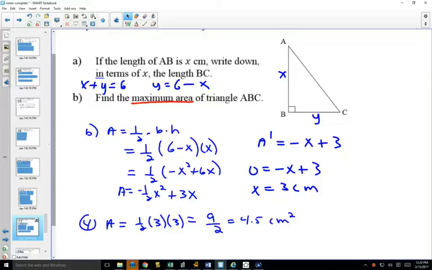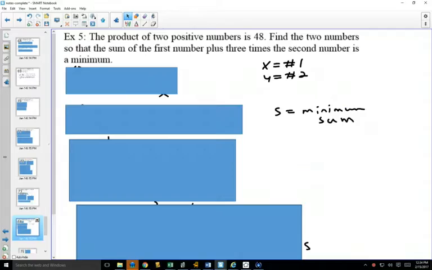So again, look at the next question, find out what you want to optimize, and see if you can write an equation for that. So here's our next question. We want to find the sum so that it's a minimum.